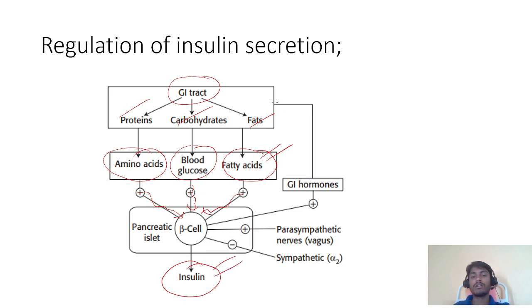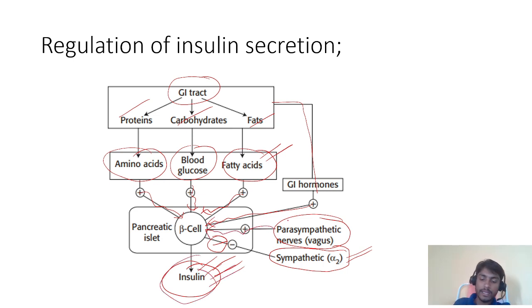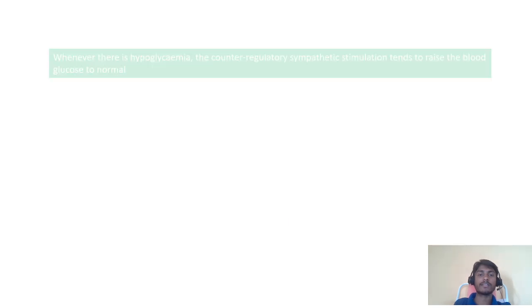GIT hormones also activate beta cells, thereby secreting insulin. Activation of the alpha 2 receptor by the sympathetic nervous system inhibits the release of insulin. Next, the parasympathetic nervous system, through the vagus nerve, also stimulates beta cells to release insulin. So this is the regulation of insulin secretion.